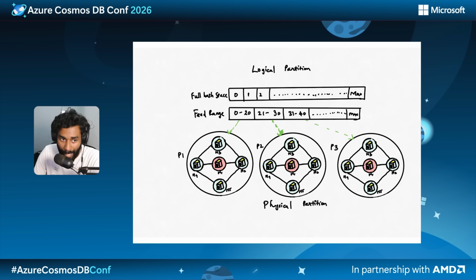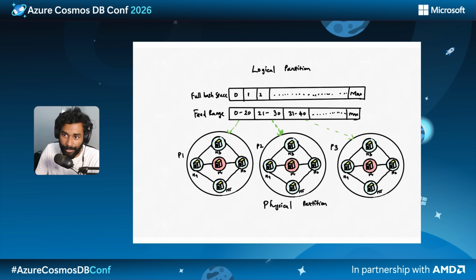Now let's see what actually happens once we choose a partition key. Cosmos DB maintains something called a full hash space, which ranges from 0 all the way to a maximum value. So whenever we insert data, the value of the partition key is sent through a hash function, and the result is mapped somewhere into the hash space. Cosmos DB then divides that hash space into ranges, called partition key ranges or feed ranges. For example, we might have 0 to 20, 21 to 30, 31 to 40, and so on.